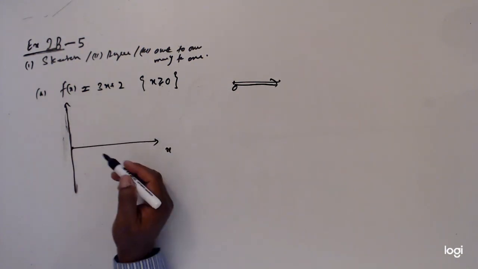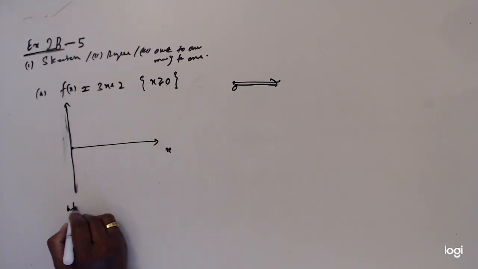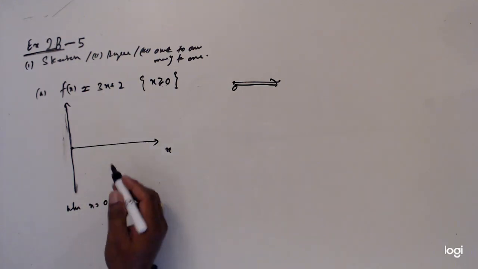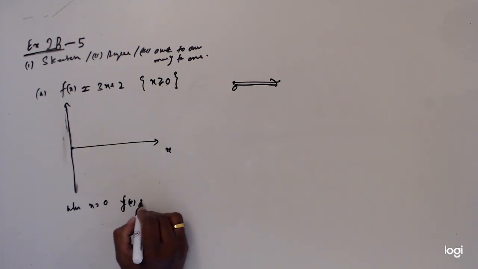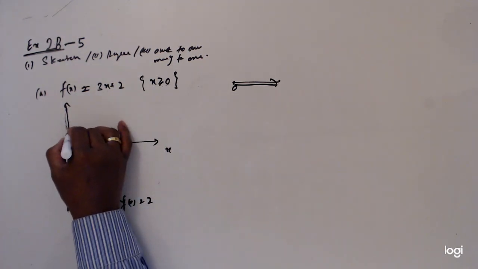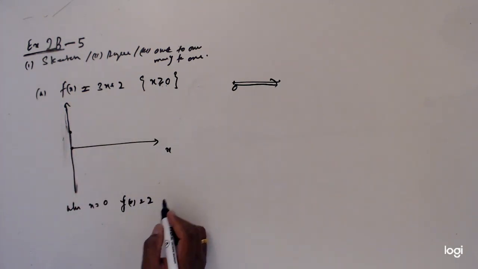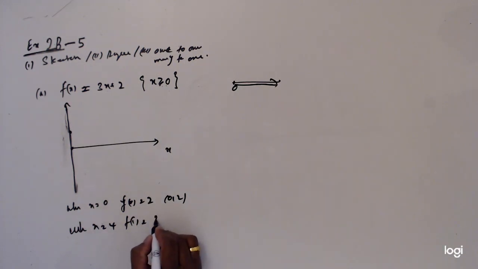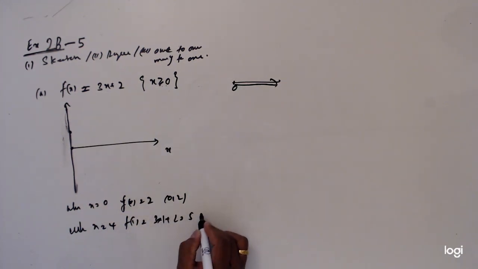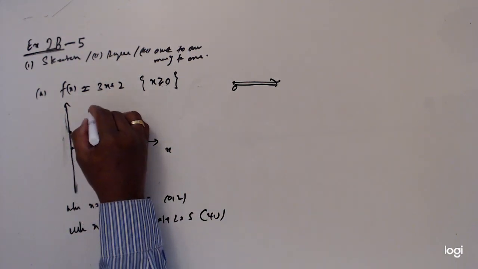So we know this is a line, so we need 2 points. So we can take 0 as well. When x equals 0, which is the y-intercept, f(0) is 2. So (0, 2) is one point, the y-intercept. And when x equals 1, f(1) equals 3 times 1 plus 2, 5. So another point is (1, 5).